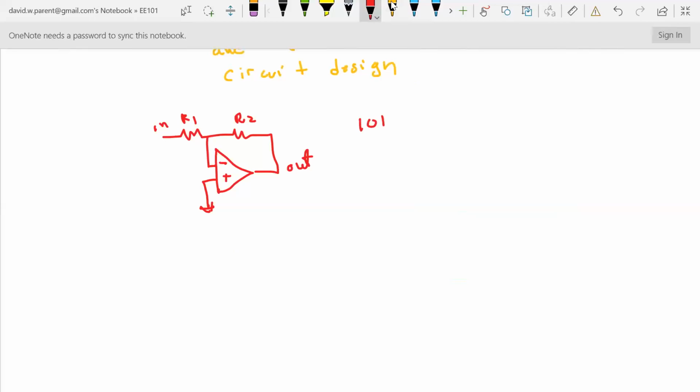It's too simple. But I just thought of a good 101 question: how many node equations do we need? Well, that's an input and that's a reference voltage. This is to reference, so we don't need that.